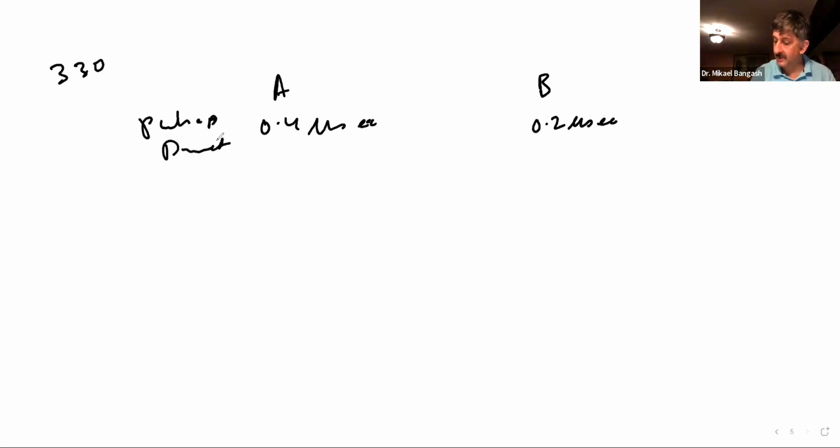Now which pulse is likely going to provide the best lateral resolution? Here we don't really have the information that we need. What we needed to know for your lateral resolution was the width of the beam.